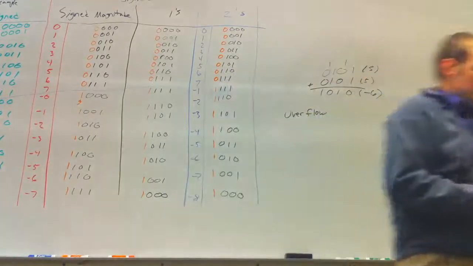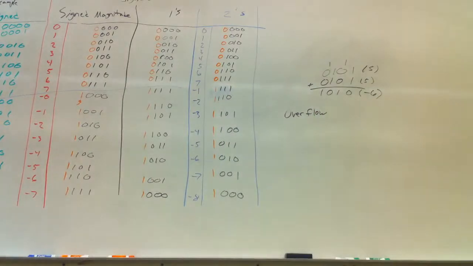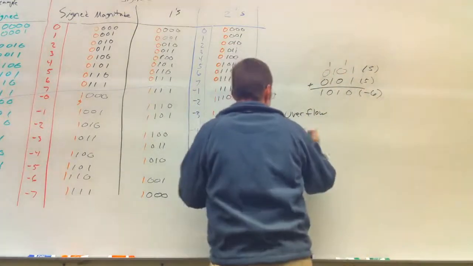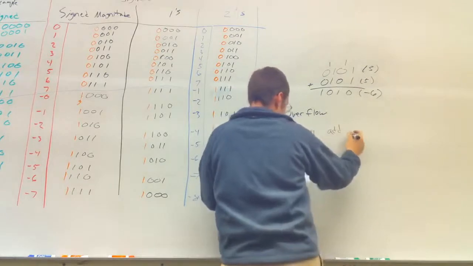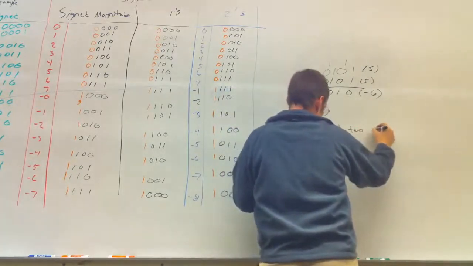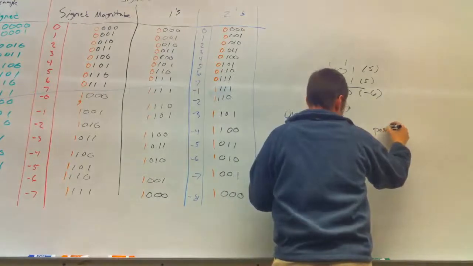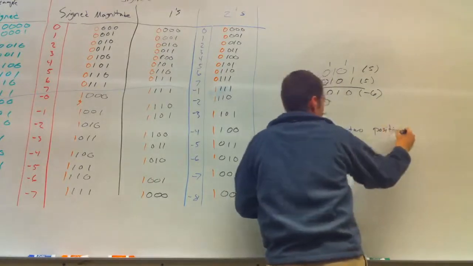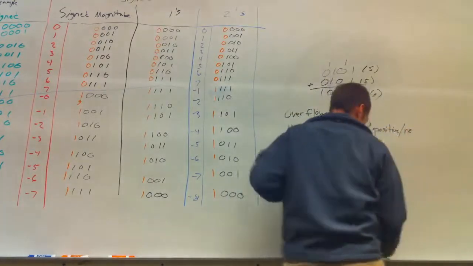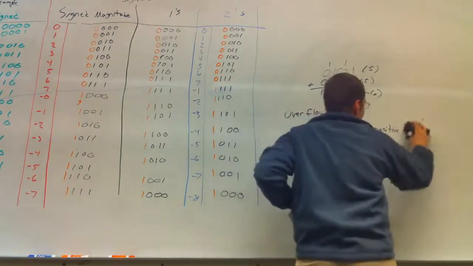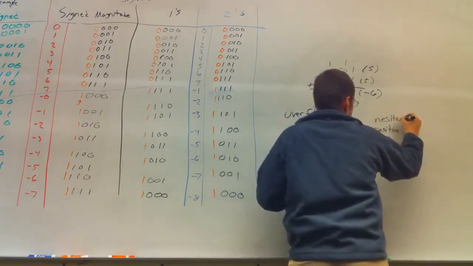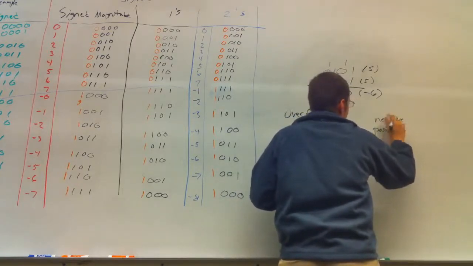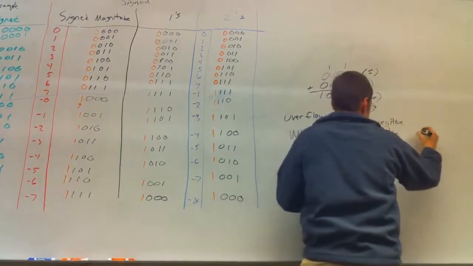Alright? So the definition of overflow is when adding 2 positive numbers you get a negative value.